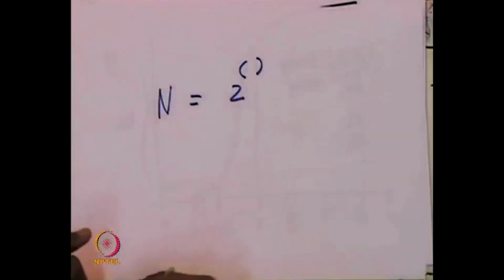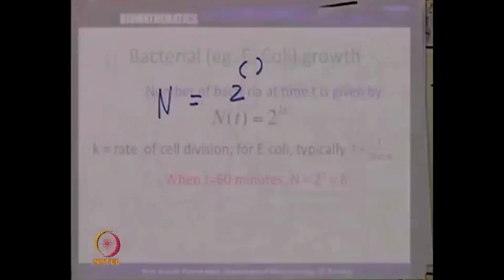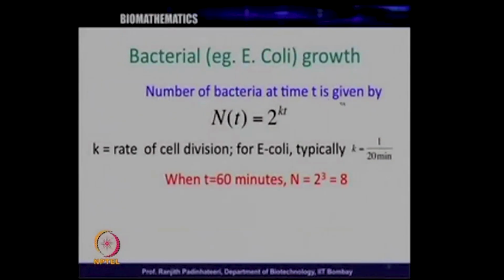Now, as we had said last time in the slide, the number of bacteria at any time t is given by 2 power kt. Here kt is the exponent, where k is the rate of cell division, for bacteria typically 1 in 20 minutes. So k is 1 over 20, t is the time.